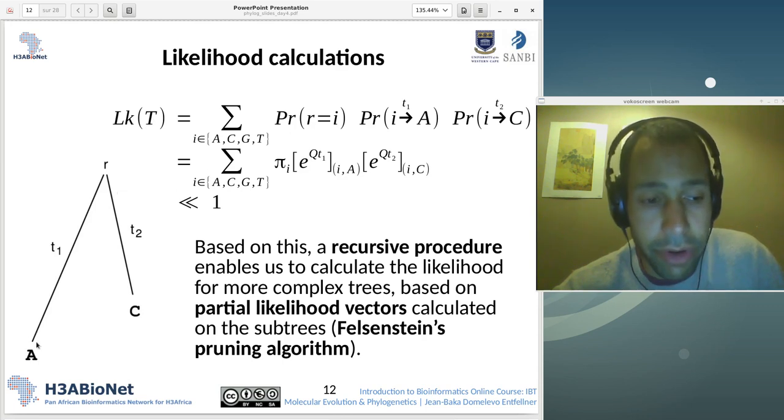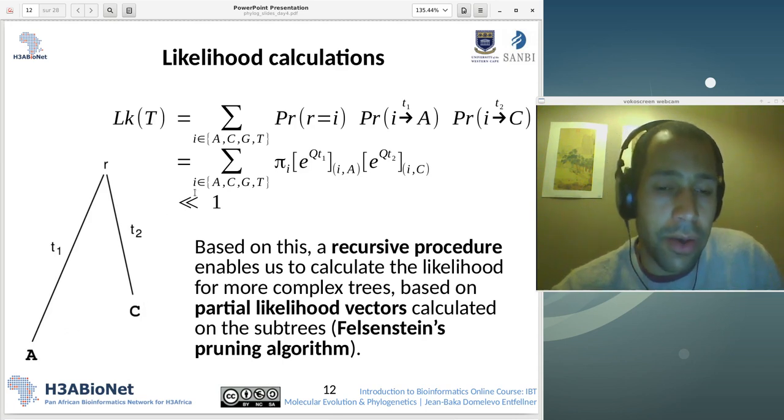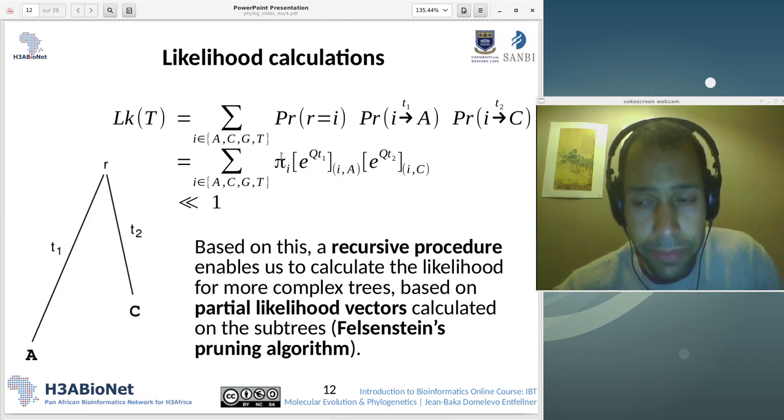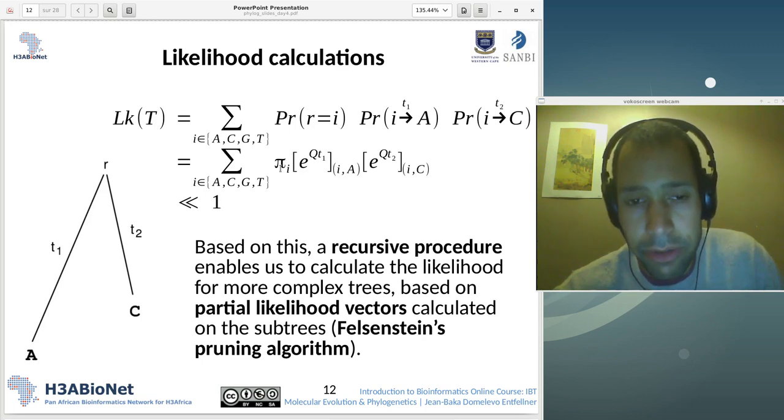In this case of a very simple topology linking 2 leaves. Pay attention also to one thing, that we're having a product of elements or members, each of them being less than 1. Okay, this pi I is less than 1.